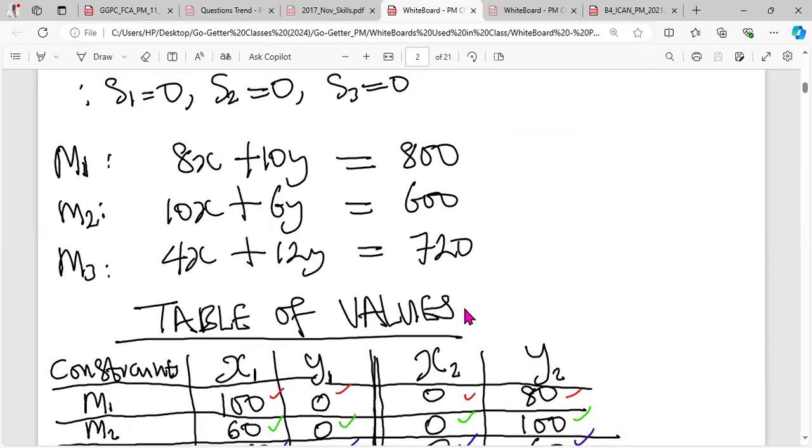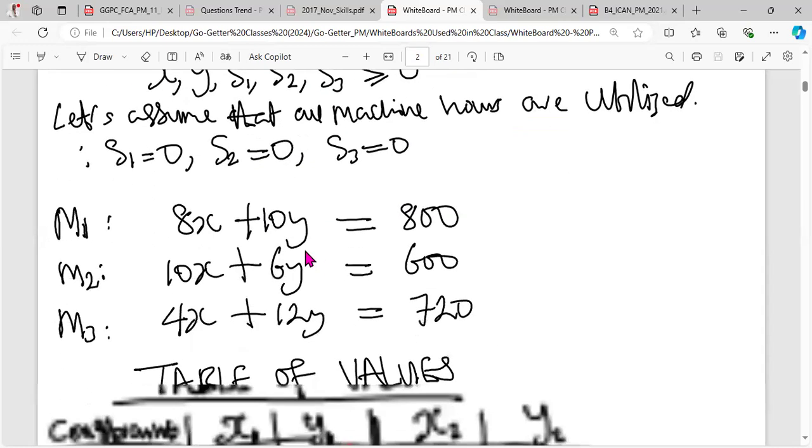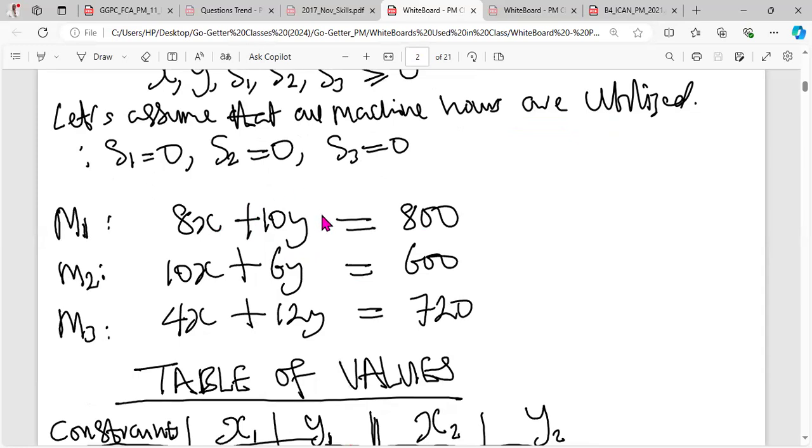Then we decided to draw the graph. We assume that S1, S2, and S3 are 0, meaning that it's possible we utilize everything. So we draw the graph of X and Y equals to their maximum value.